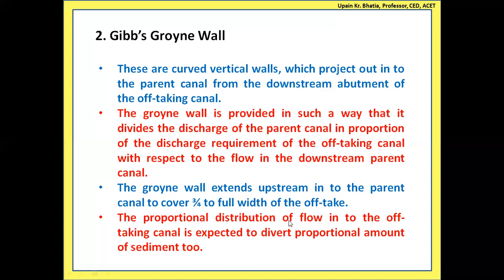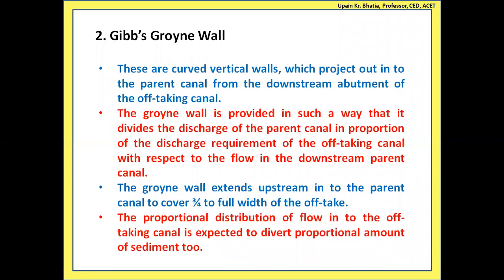So the parent canal is not fully covered or fully obstructed by the groin wall. The proportional distribution of flow into the off-taking canal is expected to divert a proportional amount of sediment also. This is the last point, which makes it the appropriate device under the silt control devices.